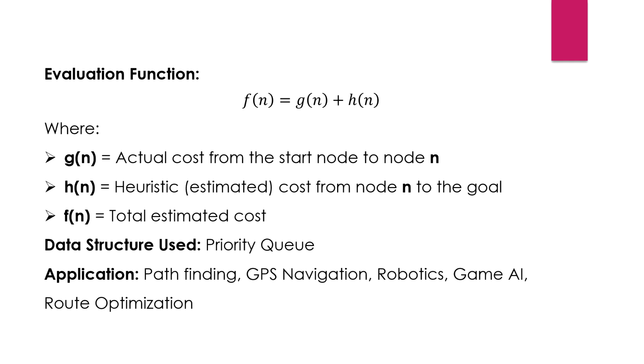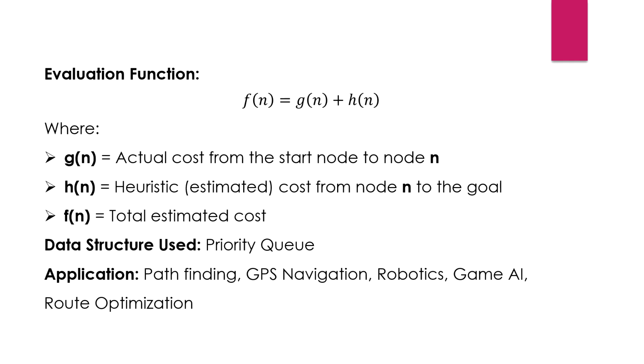And h(n) is the estimated distance from the current node to the goal node. Suppose GPS predicts another 15 km, then h(n) equals 15. Now find f(n) equals 20 plus 15 equals 35.